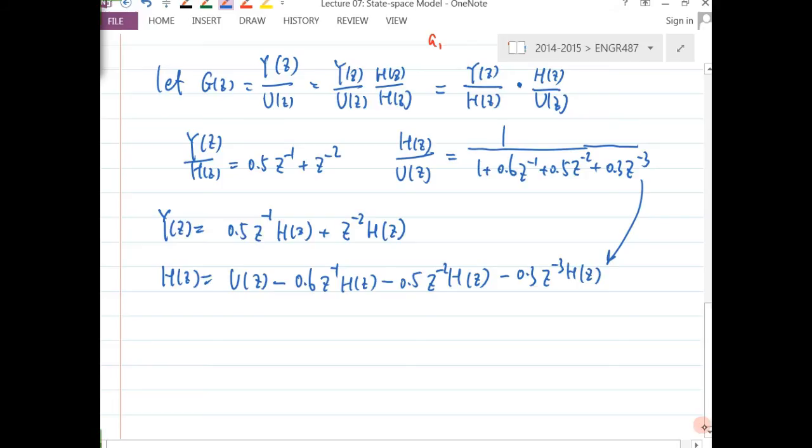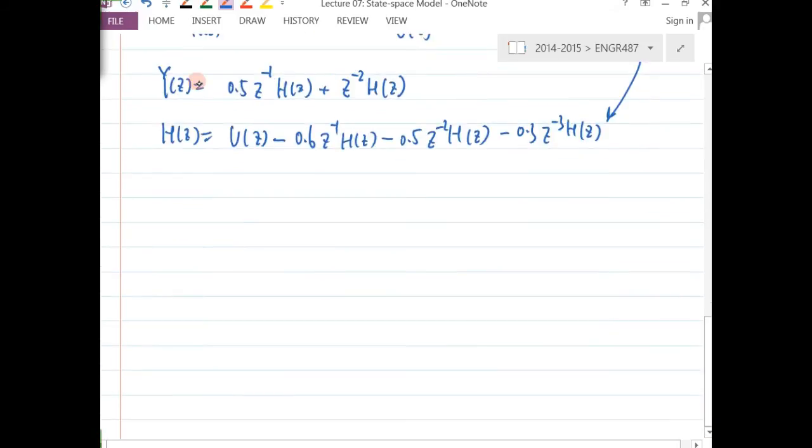So you can see both u of z and y of z and h of z, they start with this. So let's say we start with, okay, so this is my h of z somehow. This is the signal h of z here. And how is y of z obtained here?